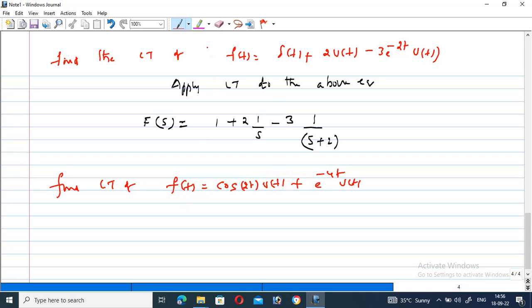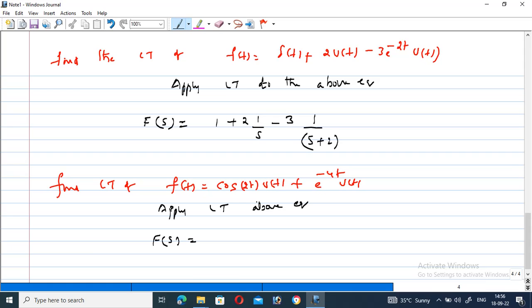Now apply the Laplace transform to the above equation. What are we getting? F of s is equal to Laplace transform of cos 2t into u of t. It is in the form of a cos omega t format, right?